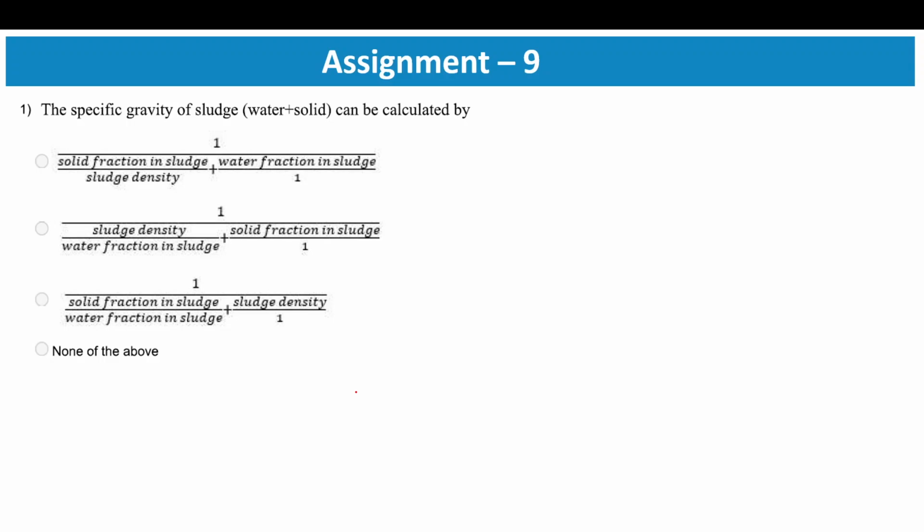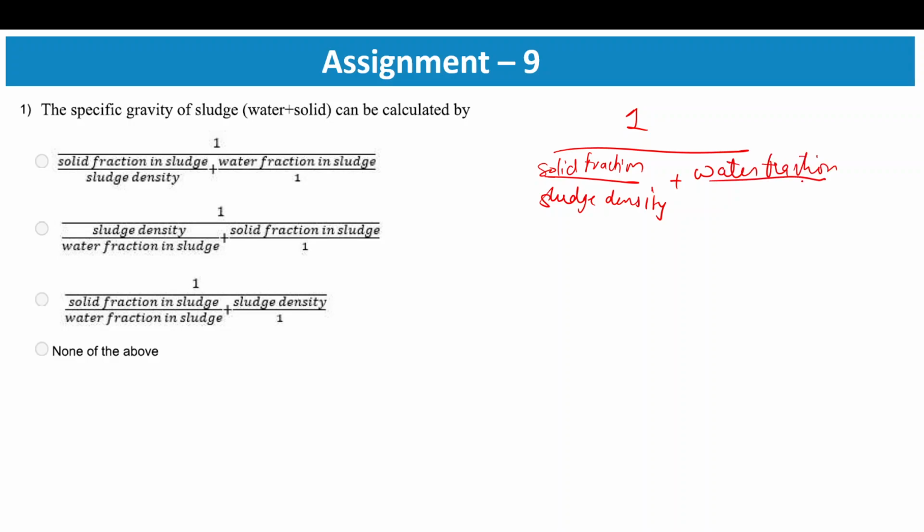The first question is the specific gravity of sludge. Sludge, which is nothing but water and solid, can be calculated as follows. It is 1 upon the solid fraction by sludge density, plus the water fraction by the density of water, which is 1 gram per cc.